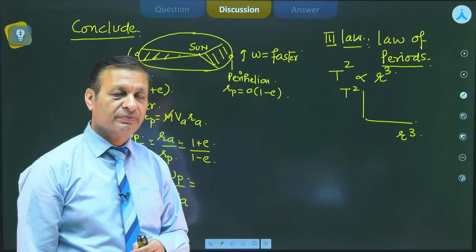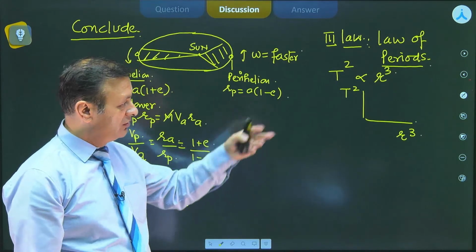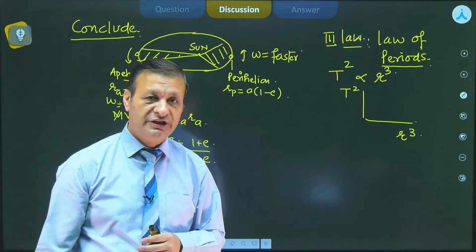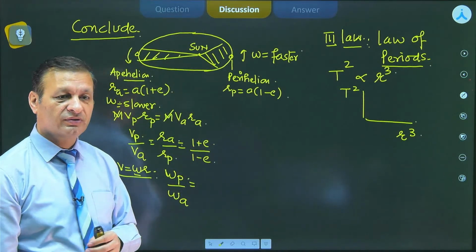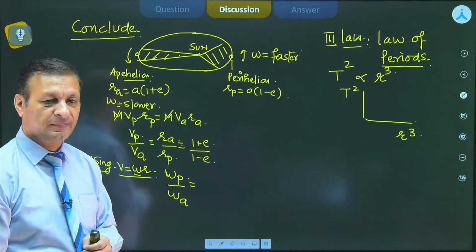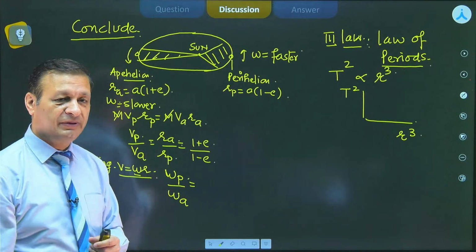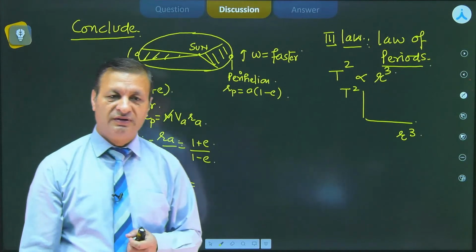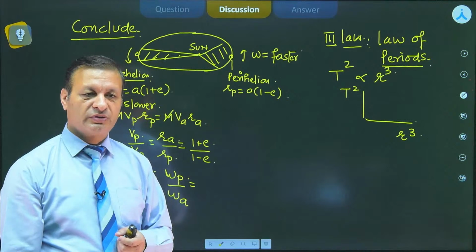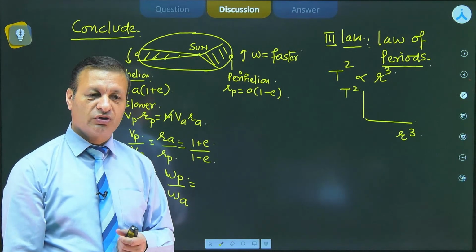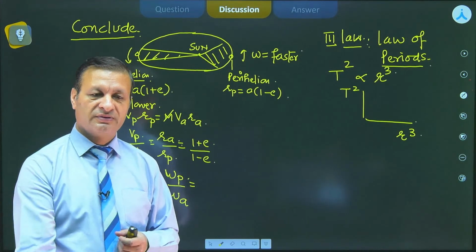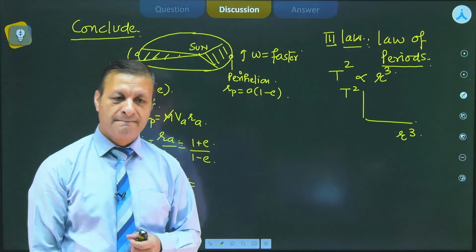What kind of shape do you expect between these two variables, T square and R cube? Yes, please answer it, participate. Nishant, you can well answer it. Tiasha, you can also answer it. Savita.